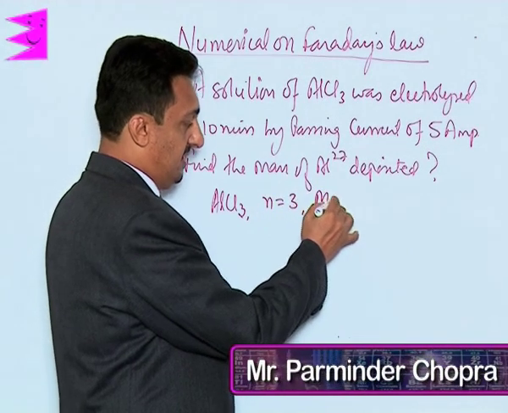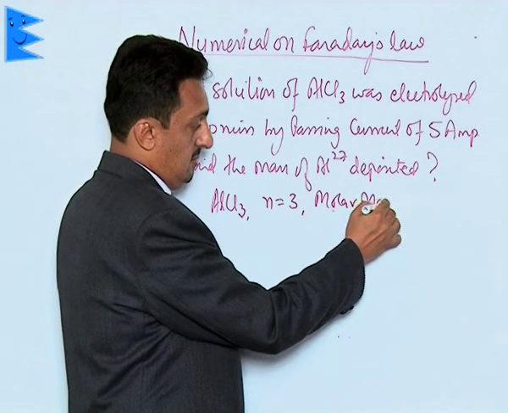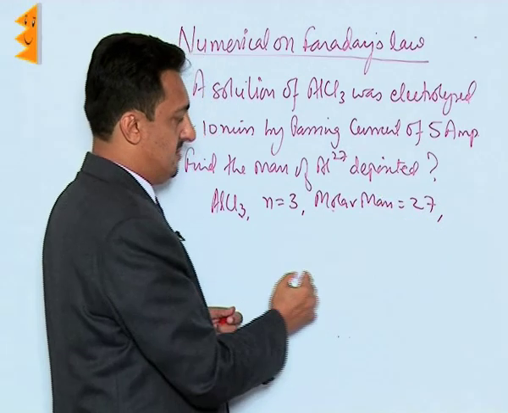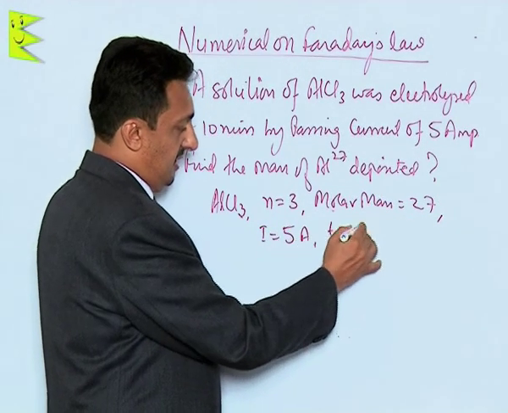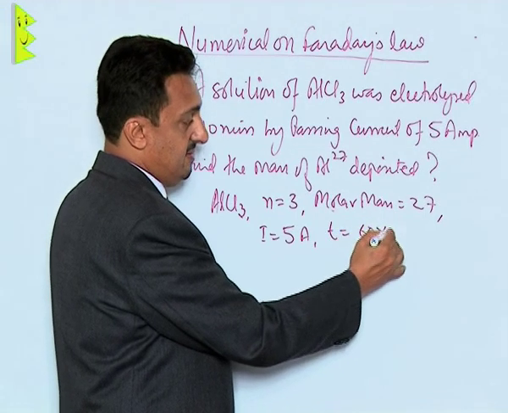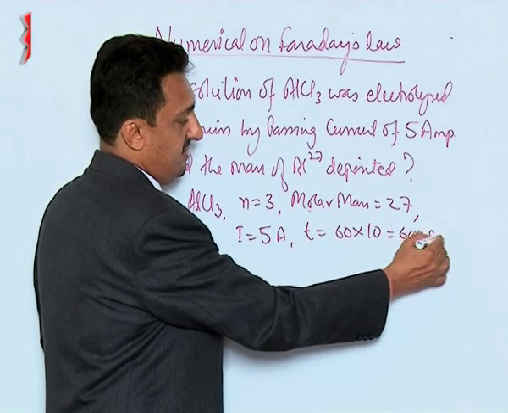Its molar mass is 27. Current passed is 5 amperes, and time is 60 seconds into 10 minutes, which makes it 600 seconds.